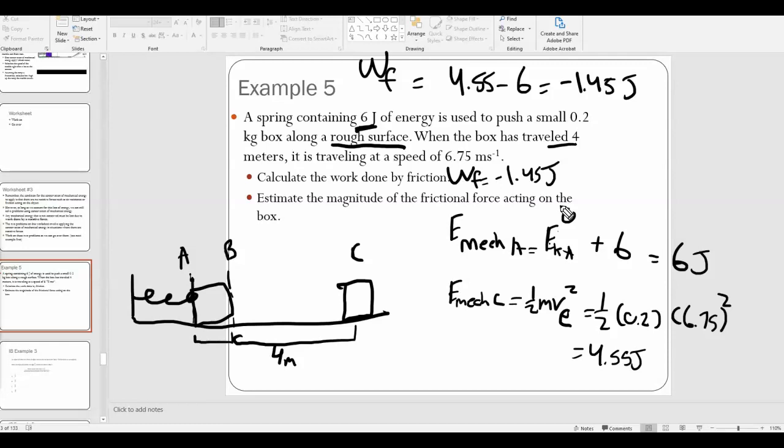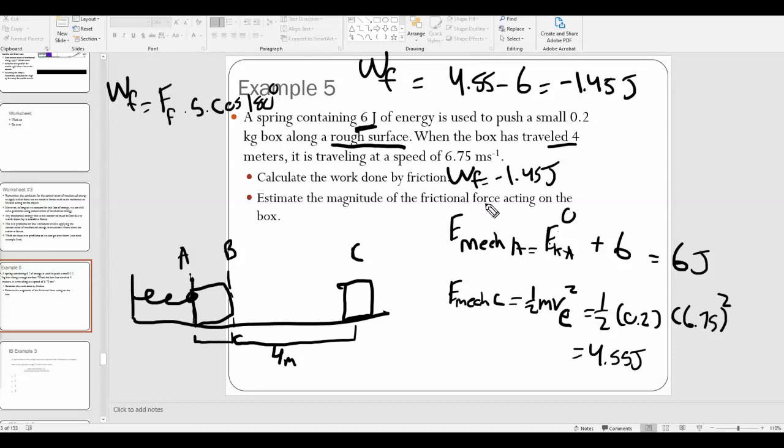Now, the last question, we are using the equation for work because now it says estimate the magnitude of the frictional force acting on the box. Now that I know the work done by friction, I know that friction would be going in the opposite direction of motion. And so the work done by friction would be equal to the force of friction times the displacement times cosine of 180 degrees. And so if it's moving to the right, then the force of friction would be acting to the left.